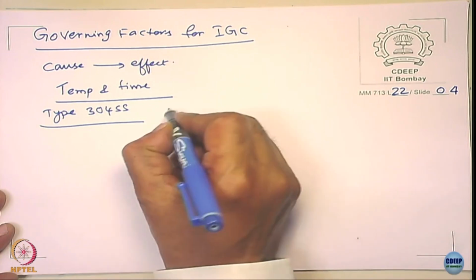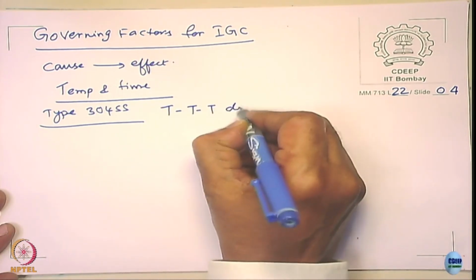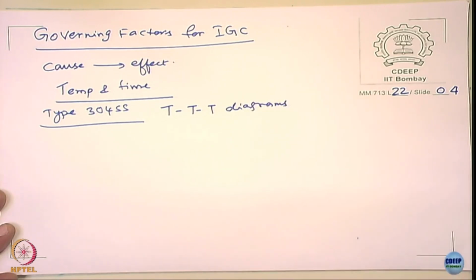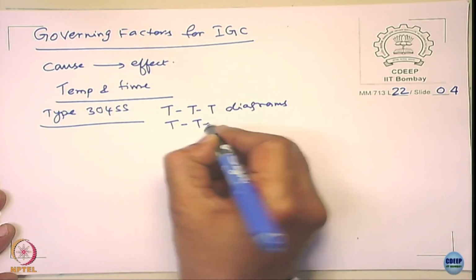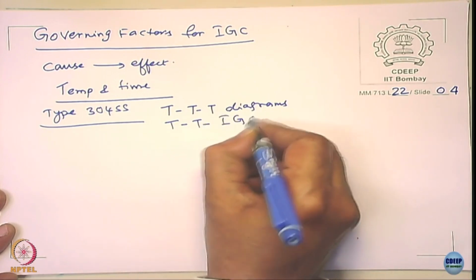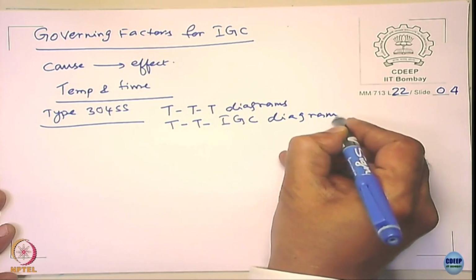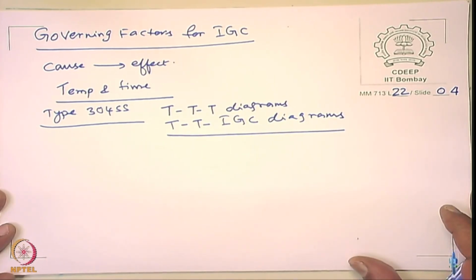They call them TTT diagrams. In this case, I call them time, temperature, IGC diagrams. How do you establish this diagram? Okay.